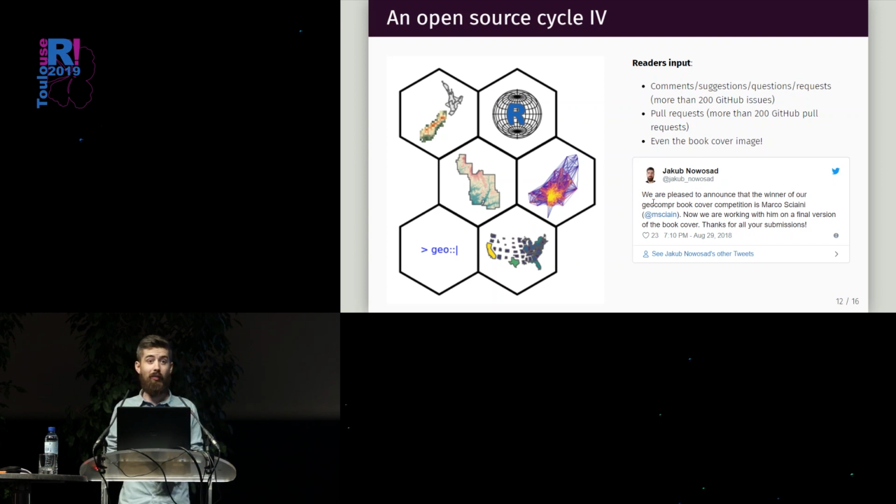We also had about 200 pull requests, and even the book cover that you can see here was made through collaboration on Twitter. We just asked people to send some ideas, and finally that was our book cover. So the power of community is extreme, and it's awesome.